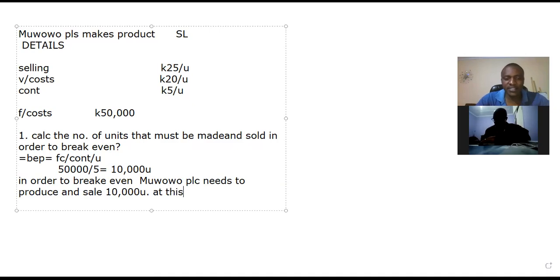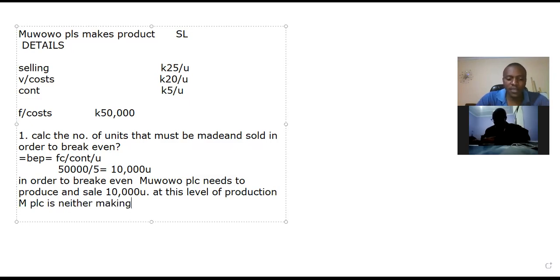Then you add something. At this level of production, more POC is neither making a loss nor a profit. Did you see that?